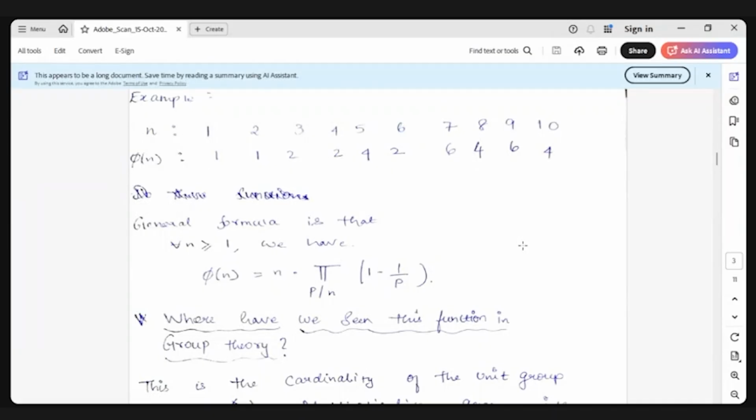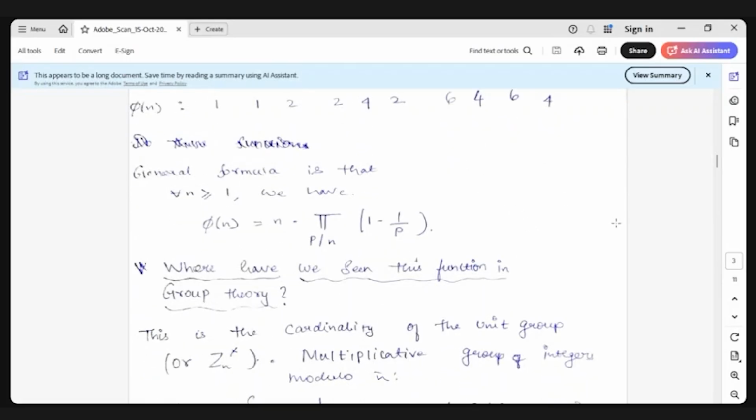As we know, for any very large n, it is very hard. It's still an open problem how to find the prime factorization. So computing the Euler-Phi function depends on that, and phi of n computation for large n is still hard.